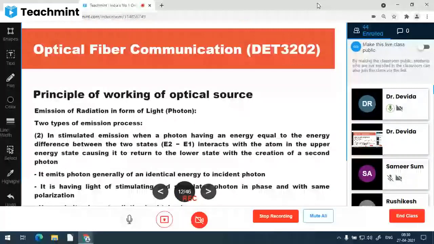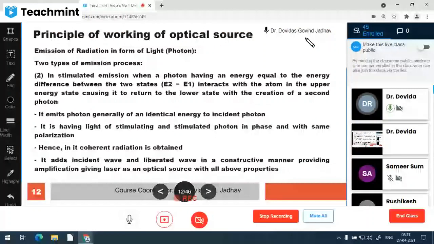In optical fiber communication, we continue with the principle of working of optical sources. Again, the emission of radiation in the form of light or photon. There are two types of process. The second type is stimulated emission. This we are revising; we have discussed this many times, so very quickly we are revising.